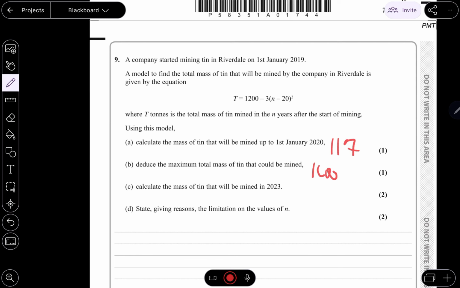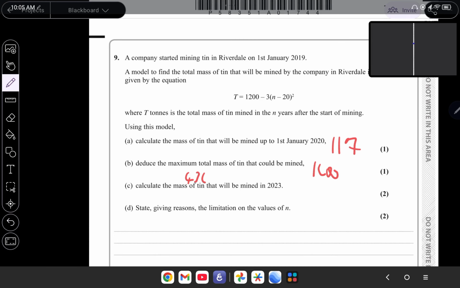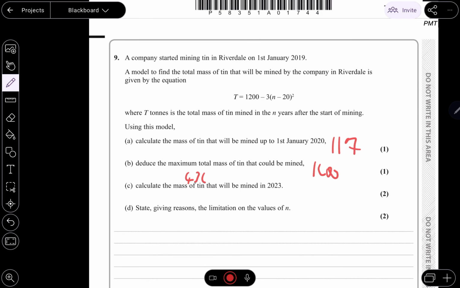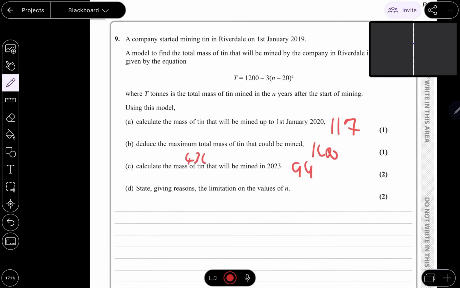So when n is 4, 4 is 16, so that's going to be 16 squared, and that makes 432. Then when n is 3, that gives us 17, which is 333. And then we do 432 minus 333. And I think we get 99. That's probably completely wrong.